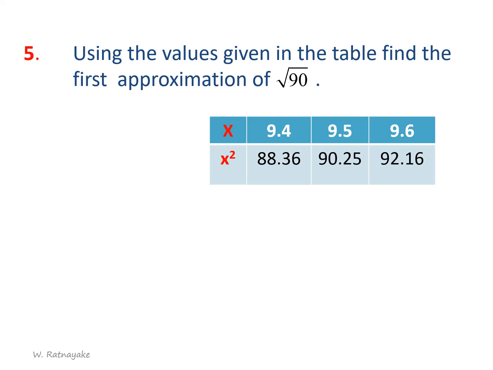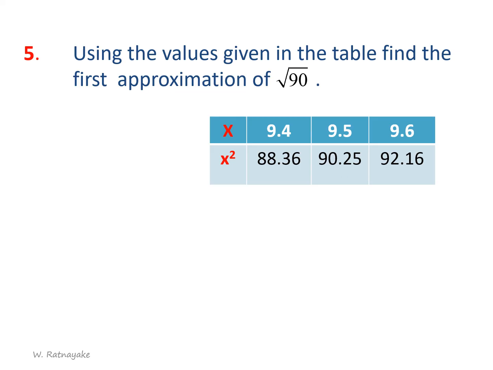The squares of 9.4, 9.5 and 9.6 are given as 88.36, 90.25 and 92.16. Now the closest value to 90 among these squares is 90.25. The square root of 90.25 is an exact value. It is 9.5.